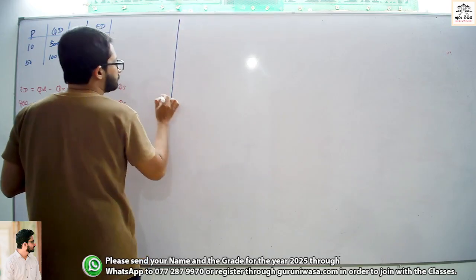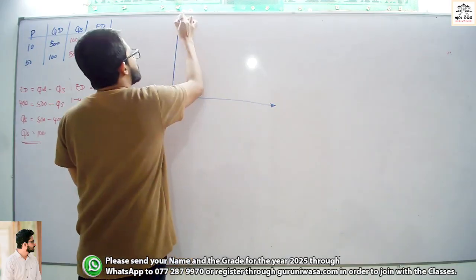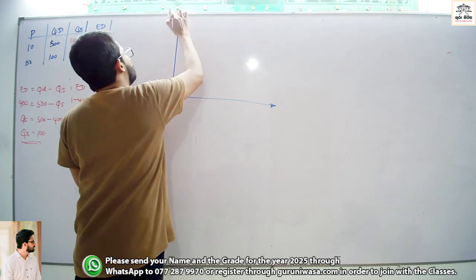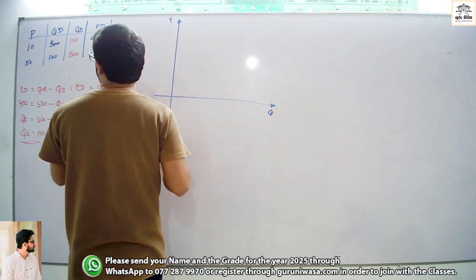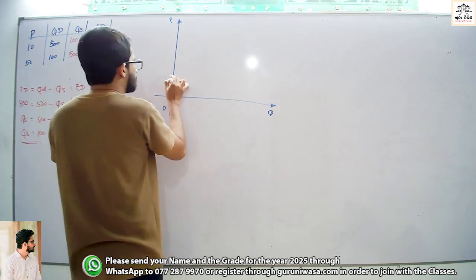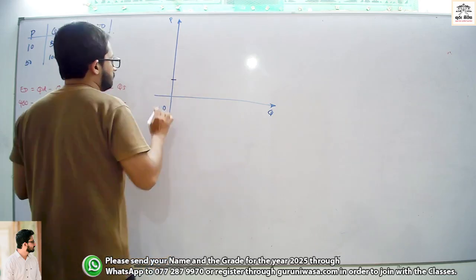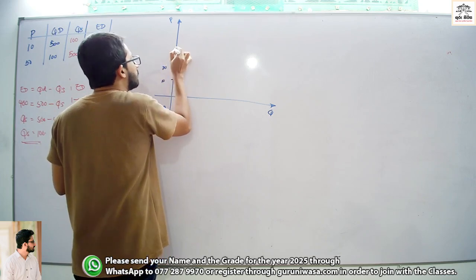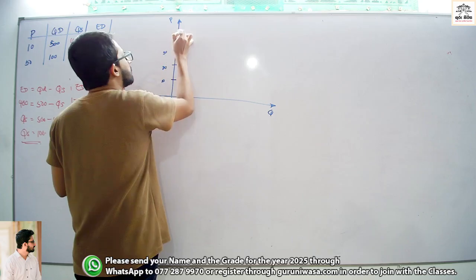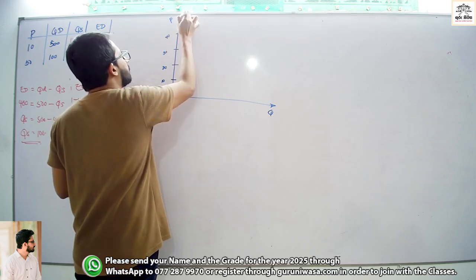Remember, demand and supply diagram. Prices: 10, 20, 30, 40, and 50.